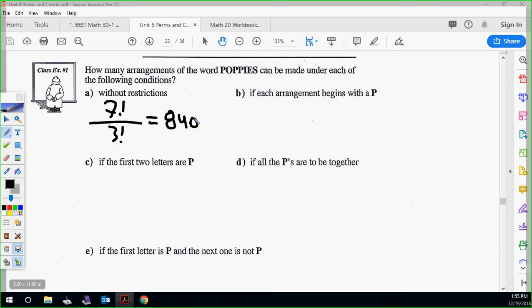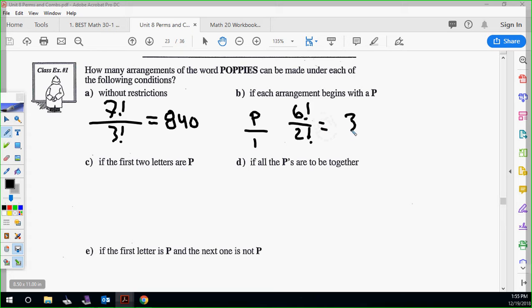How does that change if we say the first letter has to be a P? So what changes? There's only 6 choices now, so that's 6 factorial over 2, because we're getting rid of a P as well. Good. So that P just locks in for the 1 there, and then it's 6 factorial. There's 6 letters left and 2 repeated P's.